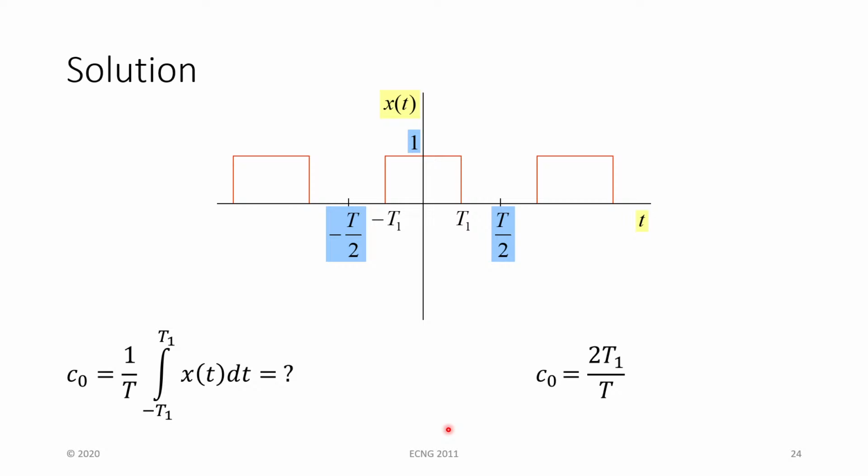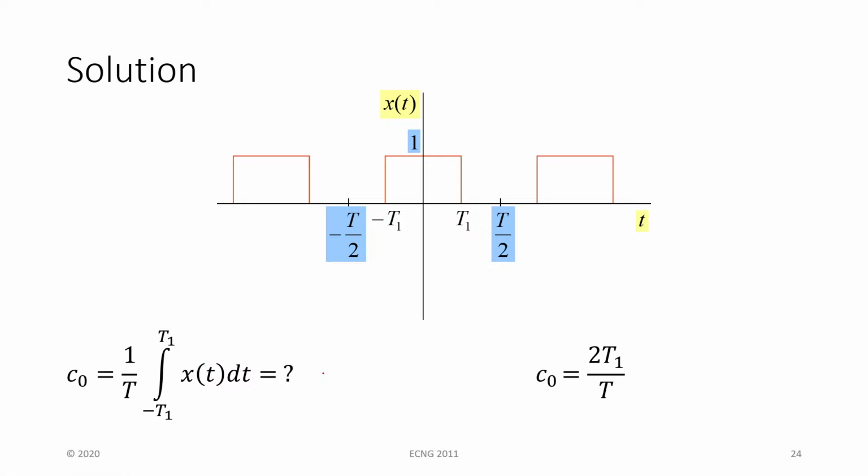I'll do the work for the integral to show that it gives us that. Between negative t1 and t1, x of t is going to be 1.